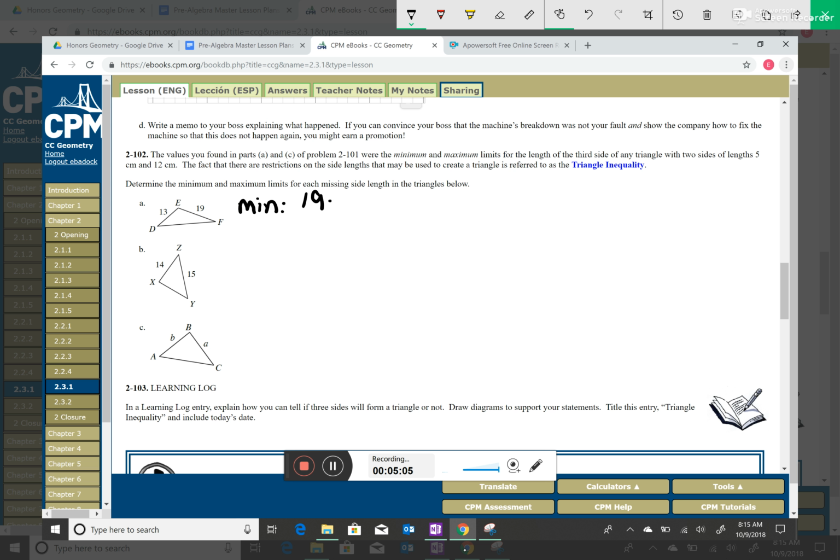So it's 19 minus 13, which gets us 6. And for the max, you add them, which gets you 32.